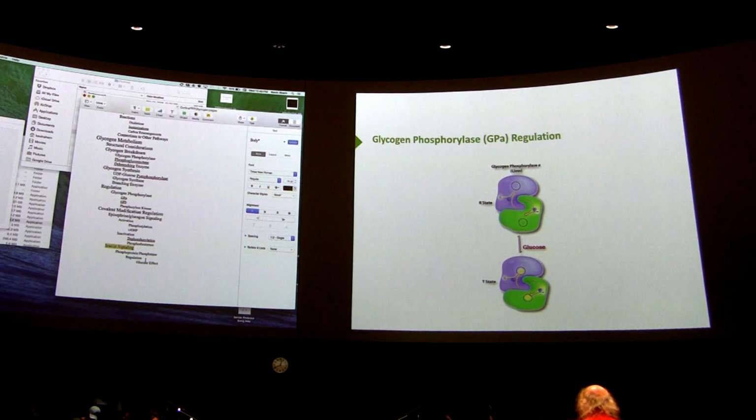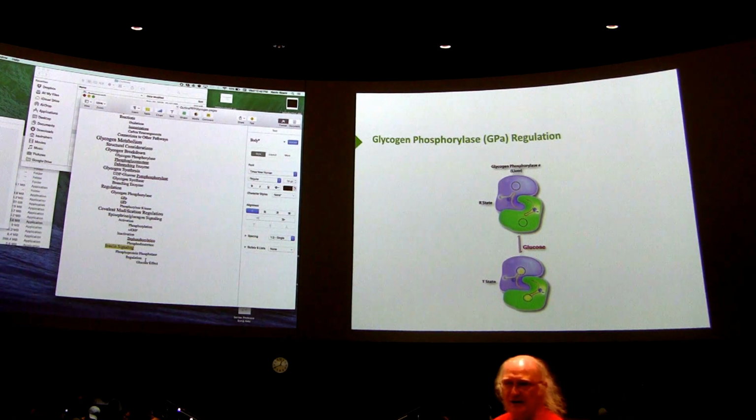So most of the time, the cell doesn't have a lot of glucose sitting around because glucose is a poison, right? And so the enzyme is mostly active because it automatically flips into the R state. Only when there's abundant glucose will the enzyme say, okay, we've got to shut down. We don't want to be breaking down glycogen. Does that make sense?